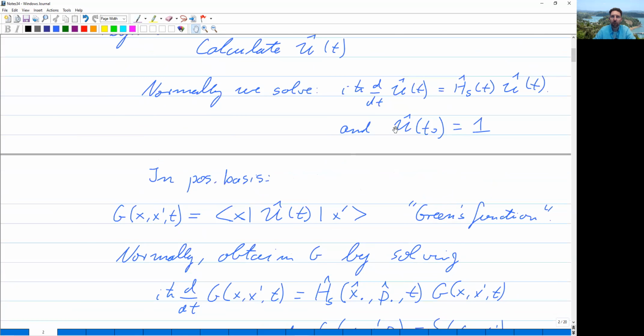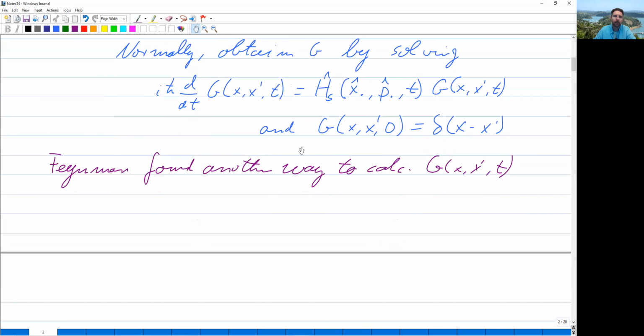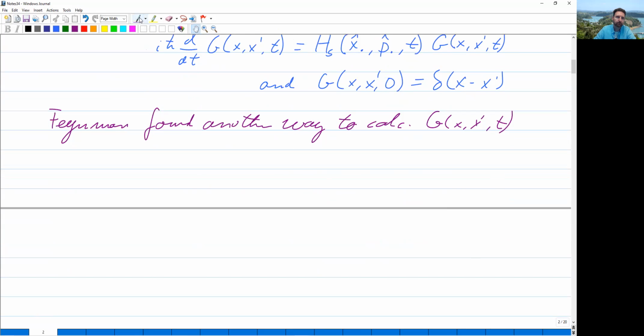See, here we are solving differential equations, not with Feynman's method. No differential equations to solve. Instead, we need to do the path integral.